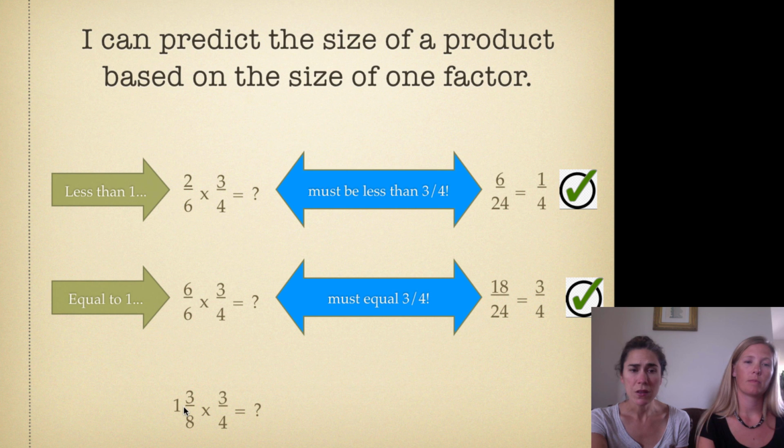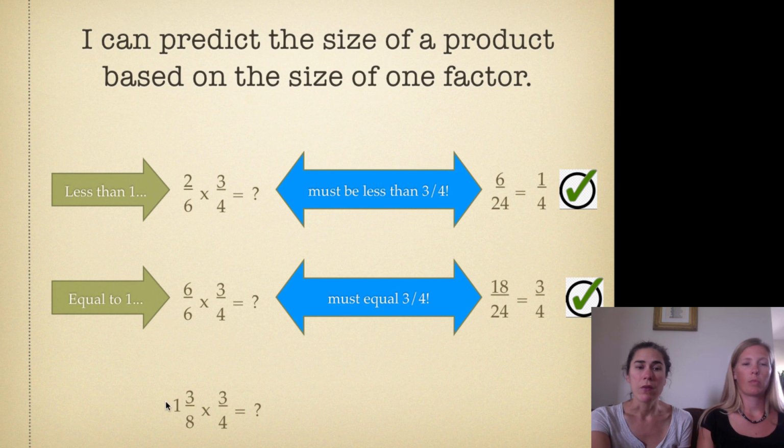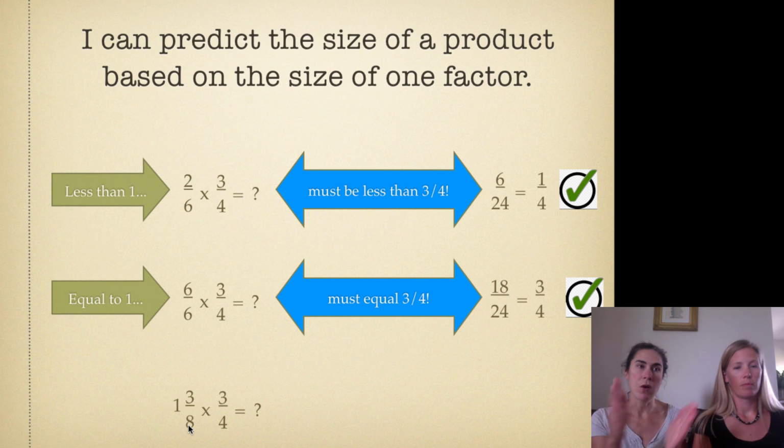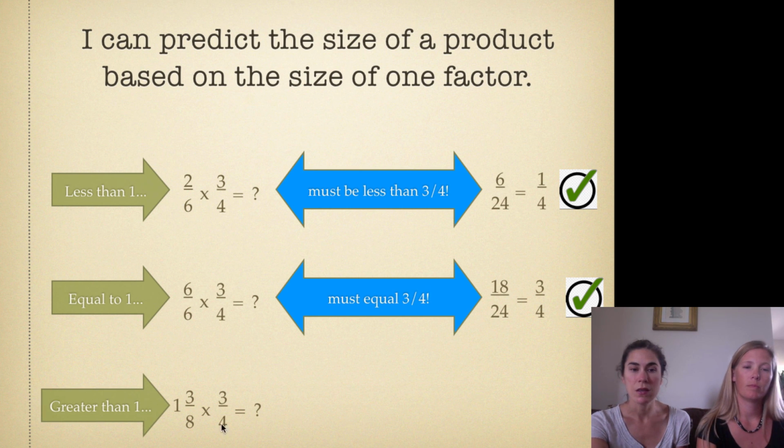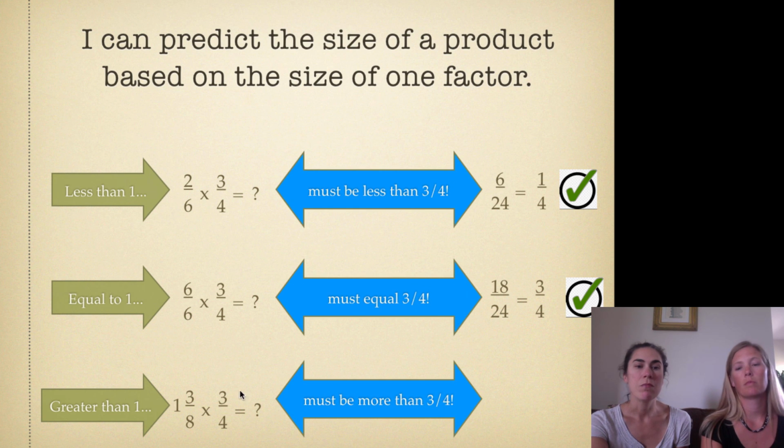Now looking here with this mixed number, of course a mixed number is a whole number and a fraction, so it's bigger than 1. If this fraction is bigger than 1, then the answer must be greater than 3/4.